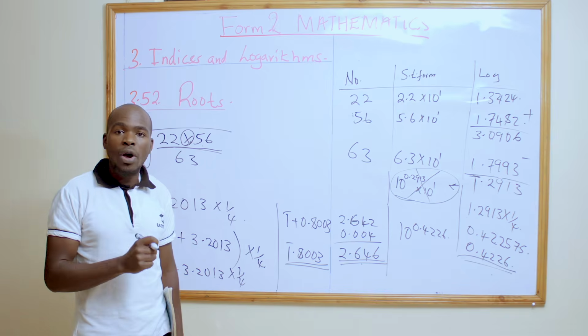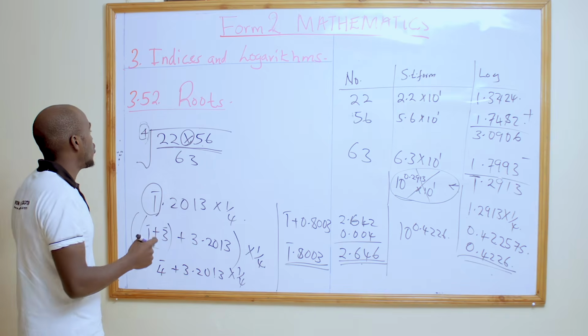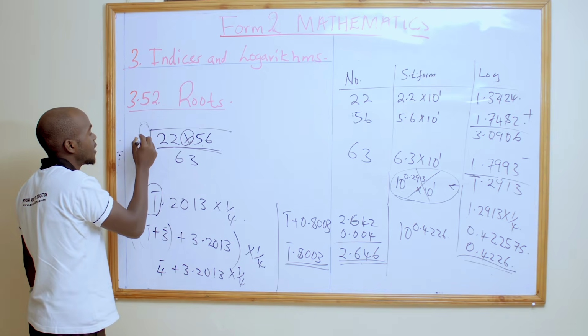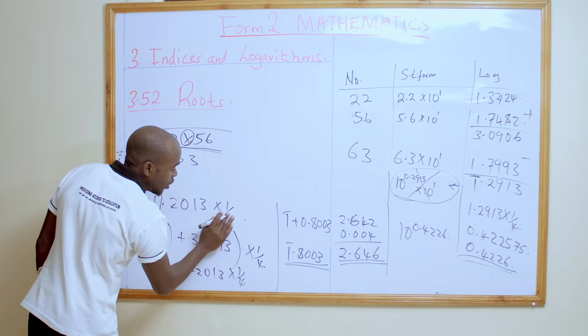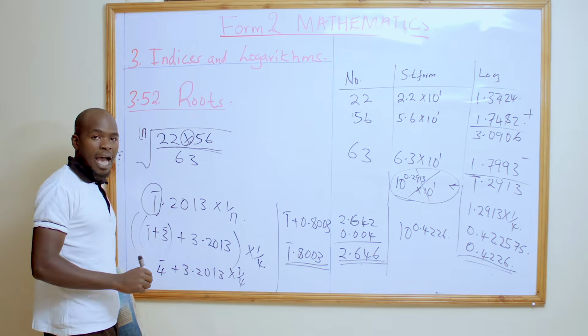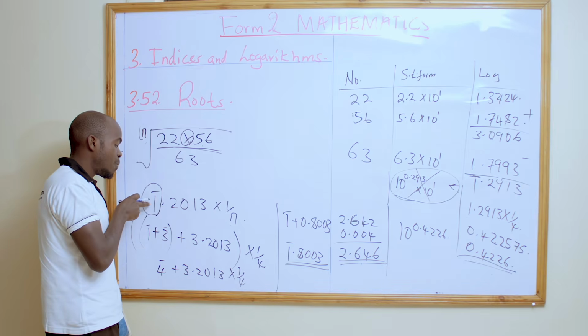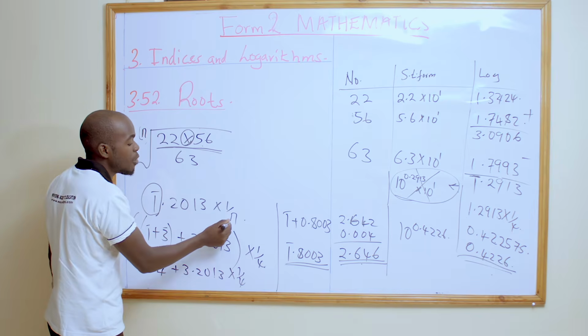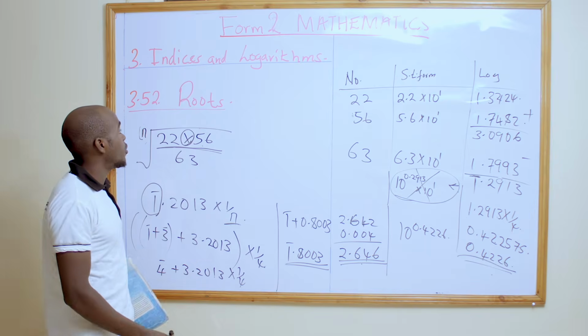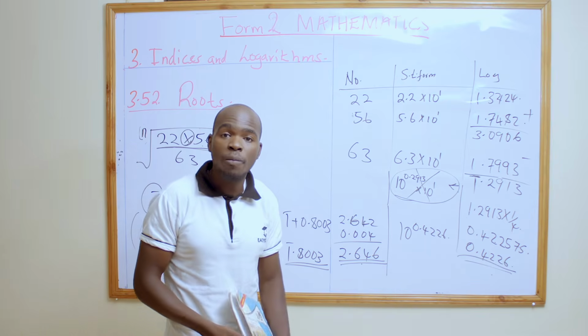It applies to any given value of root. For example, if it is n, then we could do it with n here. And remember, even if it is bar 1, we have to make it in such a way that it is divisible by n. With that, we have come to the end of our topic today.